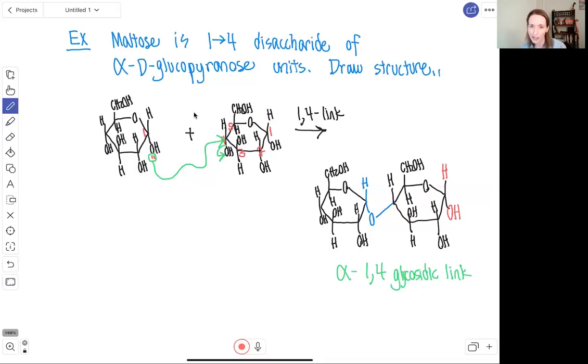So disaccharide means there's 2 units joined together like we have here. We also will commonly run into polysaccharides, and poly generally refers to structures that have 20 or more monosaccharide units. So for example, cellulose has way more than 20 monosaccharide units comprising its structure. And so it definitely fits in with the theme of a polysaccharide.